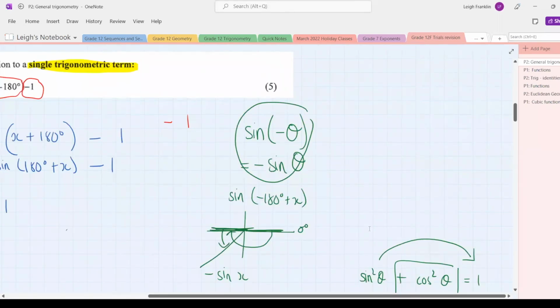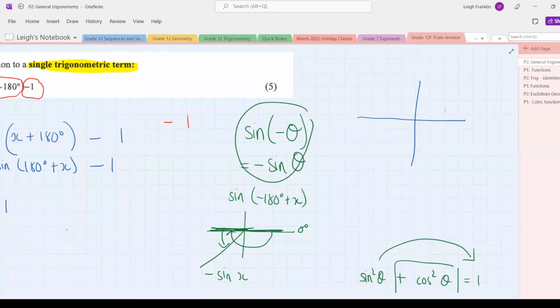All right. So in other words, what I was doing here is saying, if I add 360, which is another way of doing it, 180 plus x is quadrant number 3. So my terminal arm has swung around and come to rest in the 3rd quadrant.